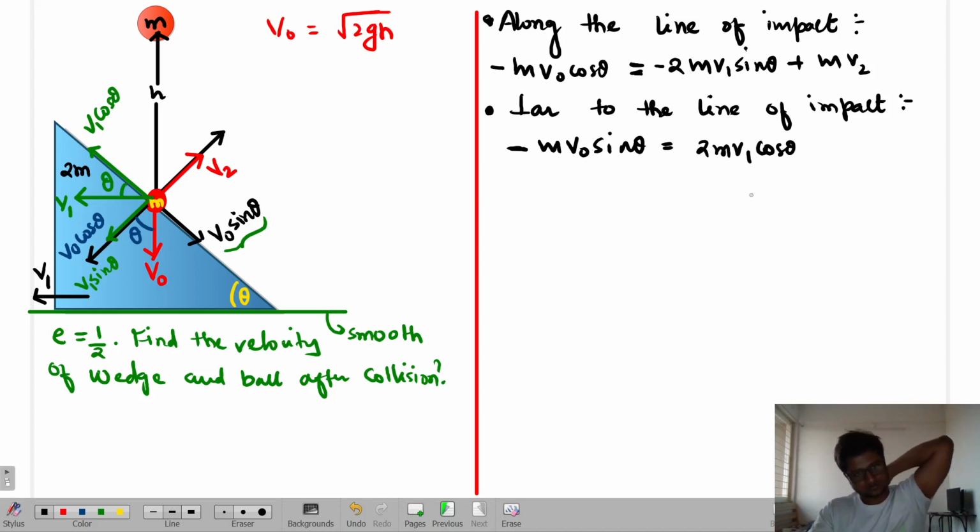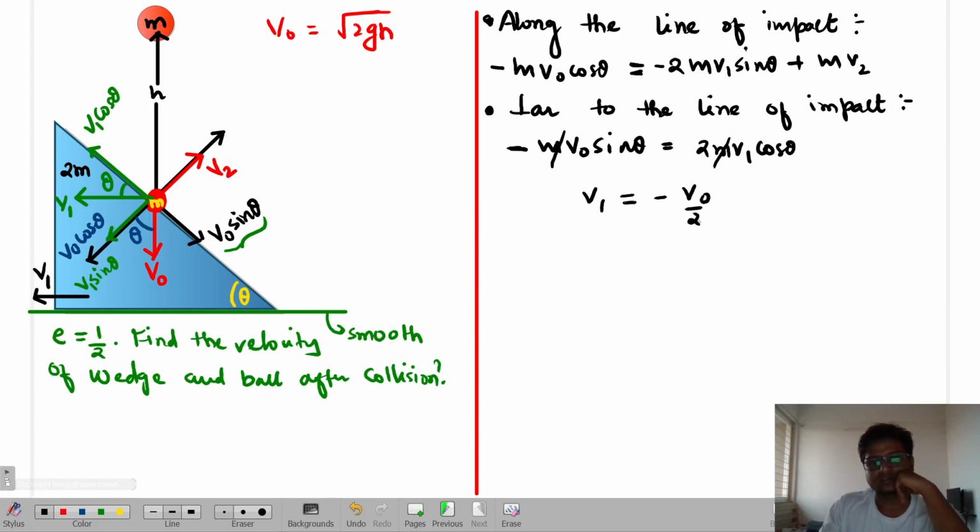Are you able to get me or not? But the ball does not have any velocity along that direction, so there is no condition for that. Is that clear? So m cancels, and v1 is equal to minus v0 by 2 tan theta. Are you able to get me?